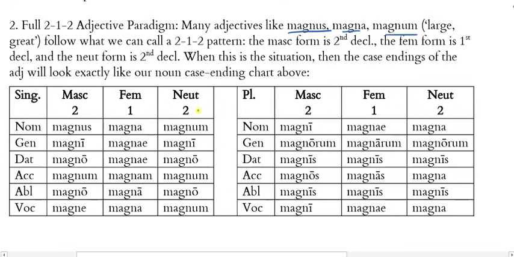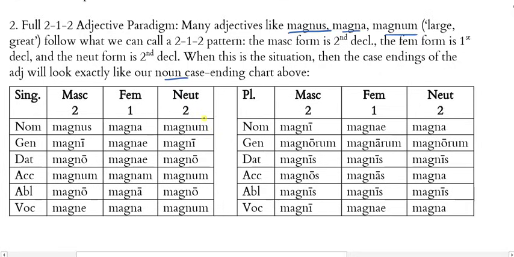Okay? And when this is the situation, the case endings of the adjective are going to look exactly like the noun case endings that we saw above. So we have us, i, o, right? Magnus, magni, magno. For the feminine, first declension, magna, a. Neuter, magnum.